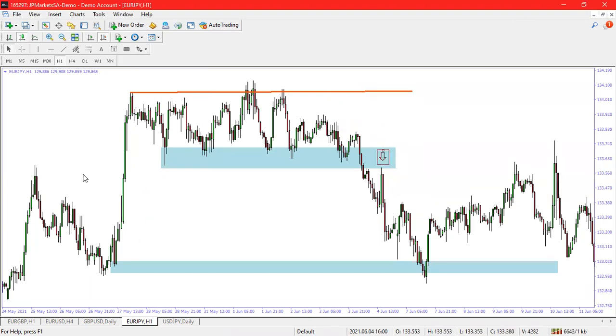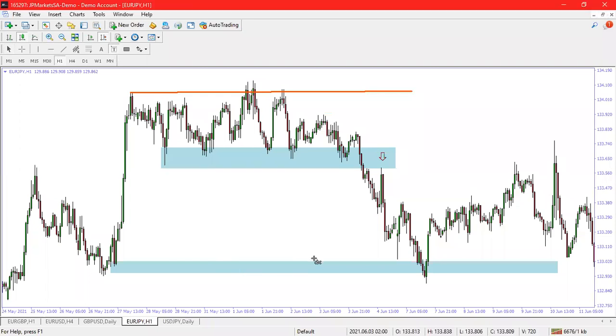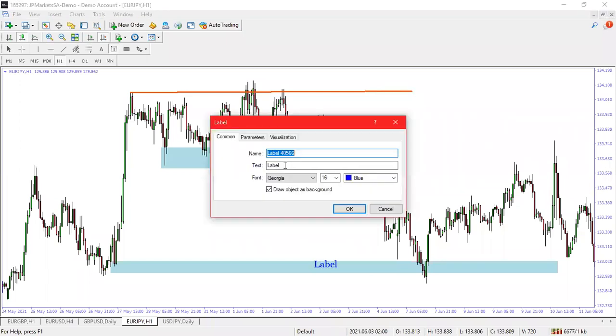Then TP, same level. And then if you want to mark this level, you can also use its name here. Let's mark this level.